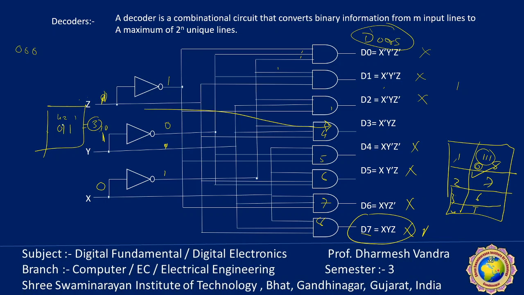Suppose the input is 111; at that time, the inverted inputs become 0 and the others 1. So only D7 will occur if the input is 111, and that particular locker will open. The remaining lockers cannot be opened by this card because this card's chip information is 111. This is a simple example. Normally 16 to 14 bit input decoders are used in this type of application.